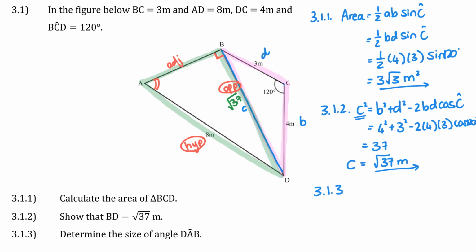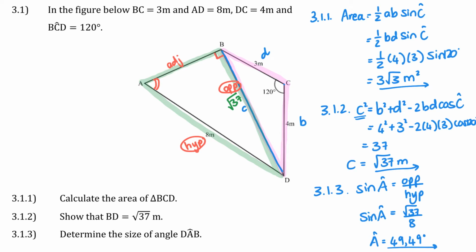And the ratio that uses opposite and hypotenuse is sine. So sine of A is opposite over hypotenuse. And remember, I can use these because I have a right angle triangle. So sine of A will be root 37 out of 8. And using my calculator, I can get that A is 49.49 degrees.